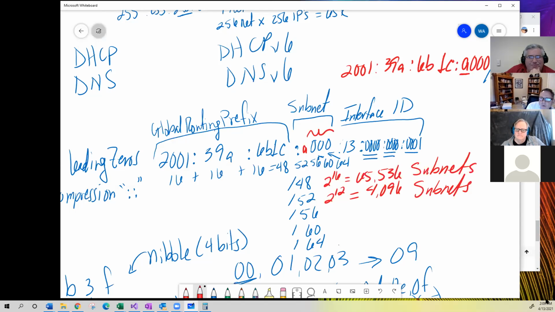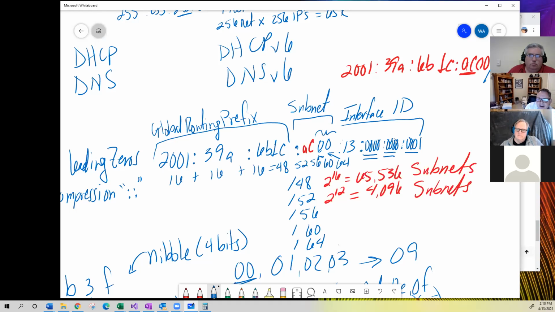So maybe he requests a /56. Again, they give him that one, and that is AC or something. Who knows what they give him? He can't modify these first two. He can only modify the remaining 2 zeros.